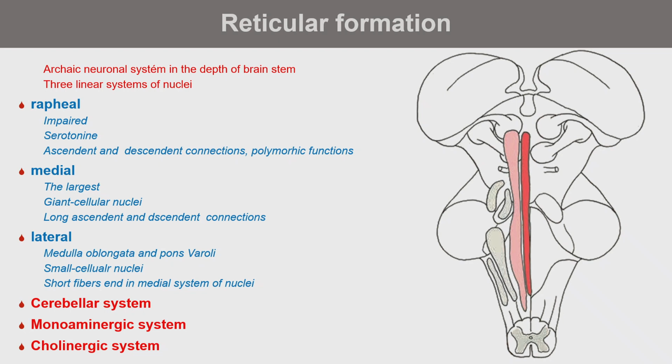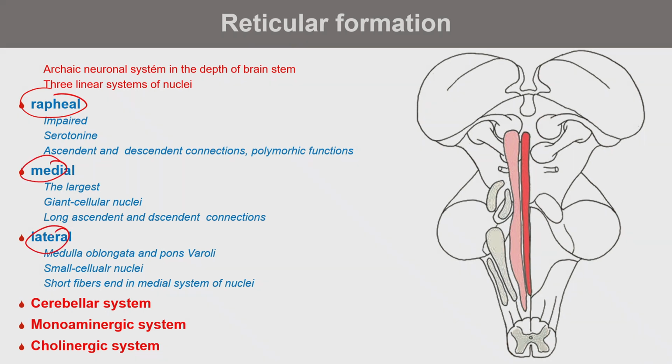Brainstem and its function is also the reticular formation. The reticular formation is an important system which maintains important basic primitive reflexes. We have three lines: raphe, medial, and lateral.